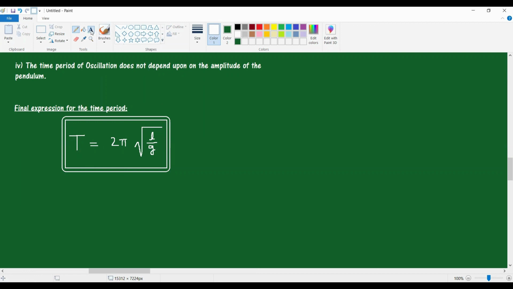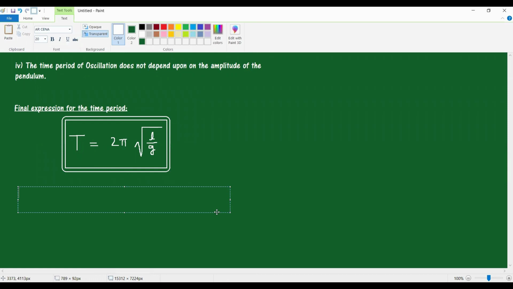And for seconds pendulum, see, seconds pendulum, nothing special is there. What is seconds pendulum? This question is also asked many times. Seconds pendulum, it's nothing special. Just a pendulum with the time period 2 seconds.